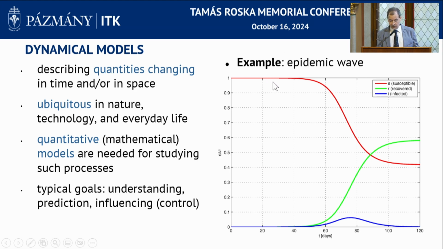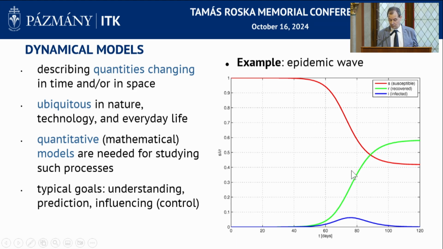This small example shows some time-varying quantities of an epidemic wave. So with the blue line, we can see the epidemic wave, the proportion of infected people. The red shows the proportion of susceptible, and the green shows the proportion of recovered.